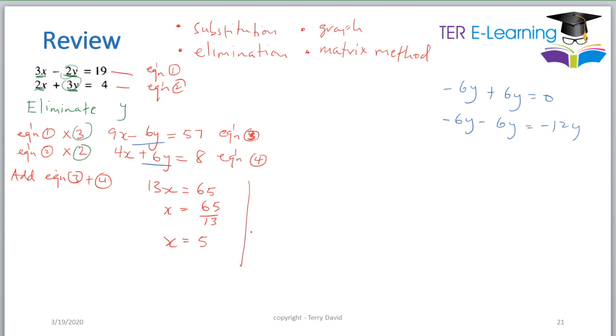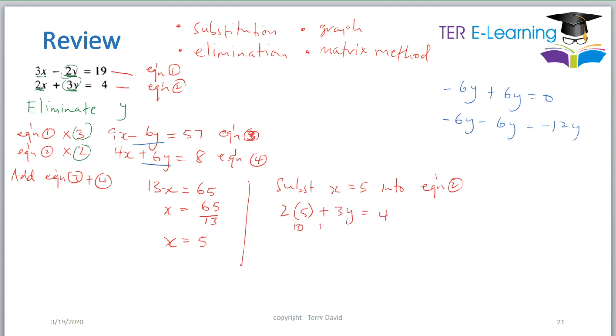Now once you find one of your variables, all you need to do is to substitute it into any one of the equations we have here. So I'm going to choose an easy one. Let's say I'm going to choose equation 2. So I'm going to say substituting x equal 5 into equation 2, right? In which case it'll be 2 multiplied by x is 5 in this case, plus 3y, which is equal to 4.